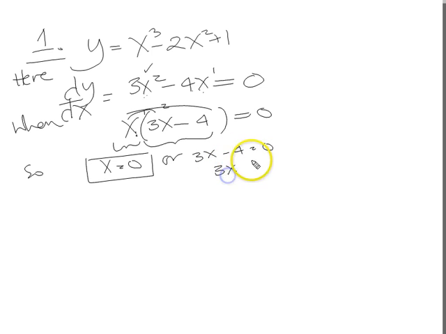Well, that happens when, move the 4 over, 3x is 4, doesn't it? Divide by 3 both sides, and you get x equals 4/3. In essence, you're moving the 3 from times on one side to divide on the other. There we are then. There's our 2 places, our 2 x values when this thing equals 0, when the slope is 0.